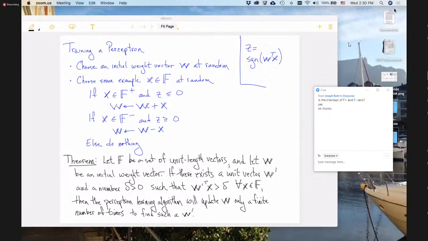And that's the theorem. Now, what the heck does it mean? This particular theorem is sometimes simply called the perceptron convergence theorem.